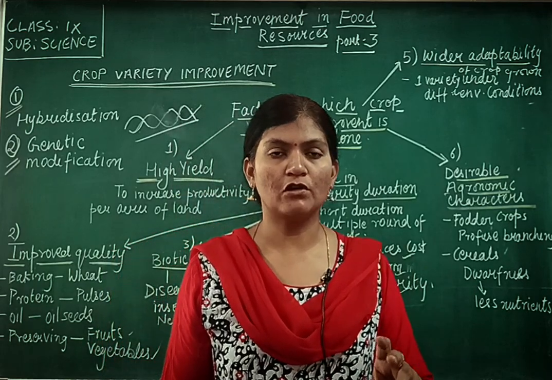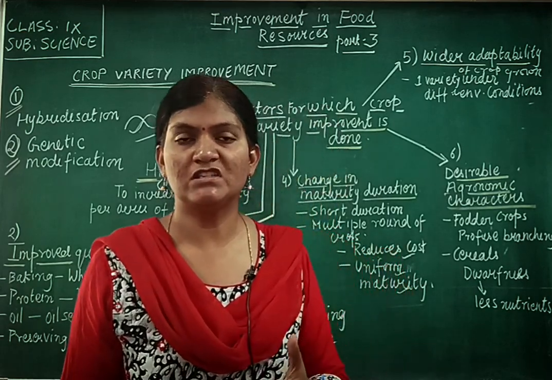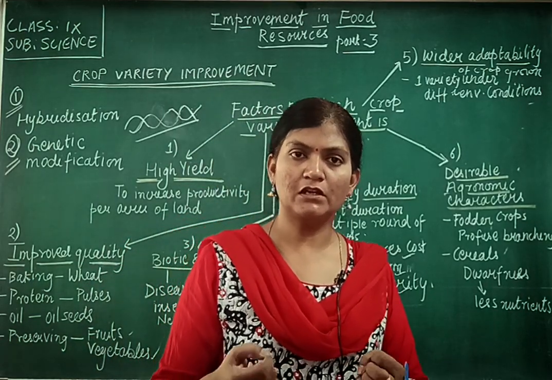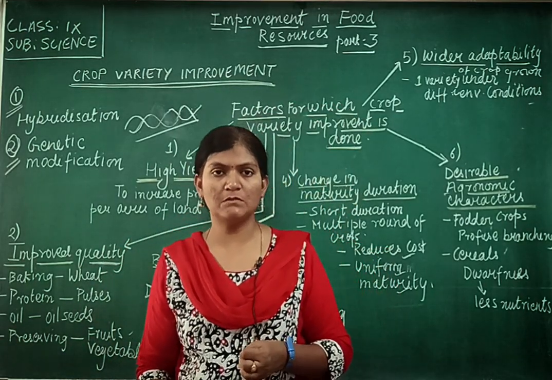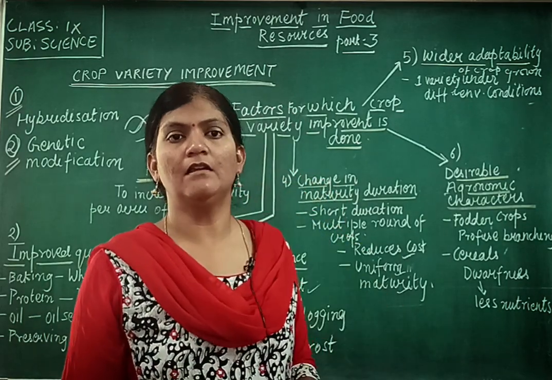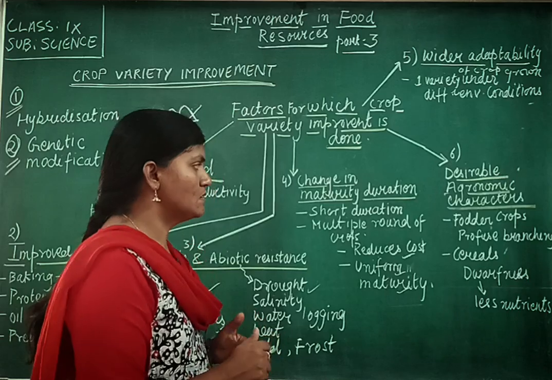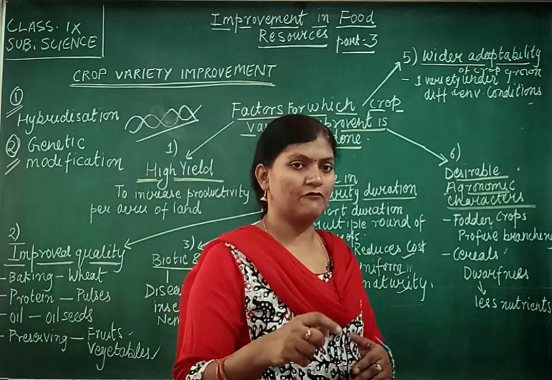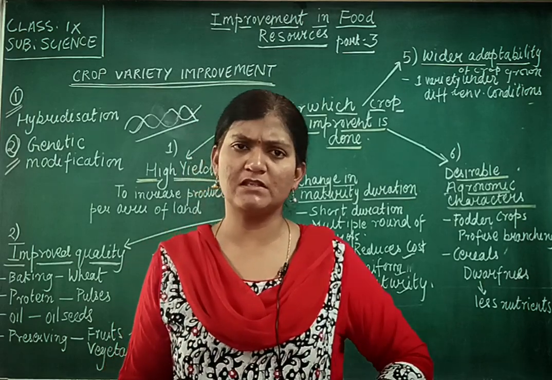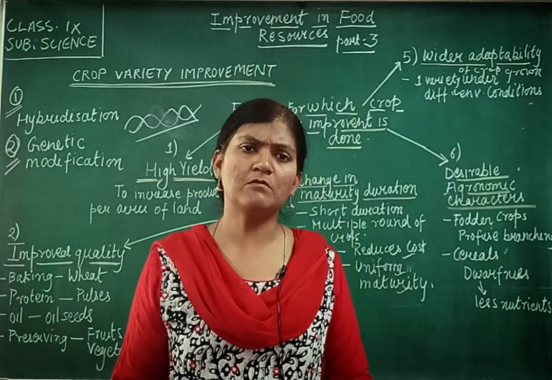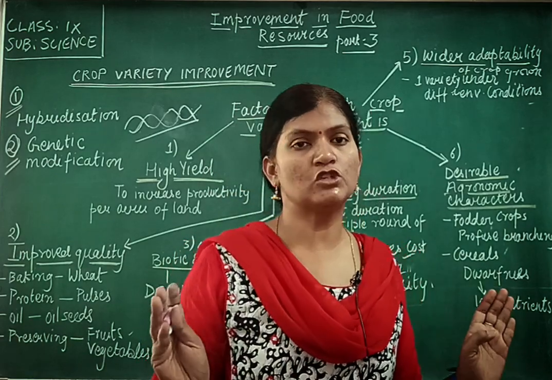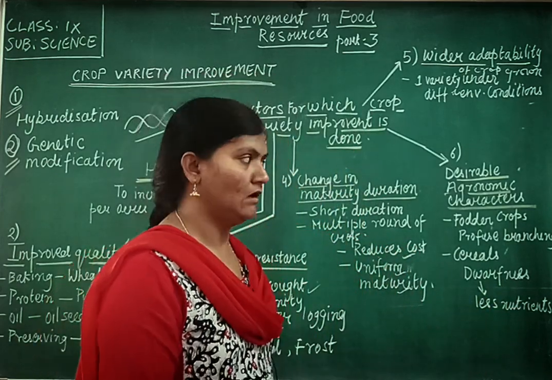Yes, fodder crops are the crops which we require to feed the domestic animals, the animals which are reared and taken care of under animal husbandry. So, if it has a high amount of branching, profuse branching, ultimately we get many leaves and branches and enough food to feed the domestic animals.